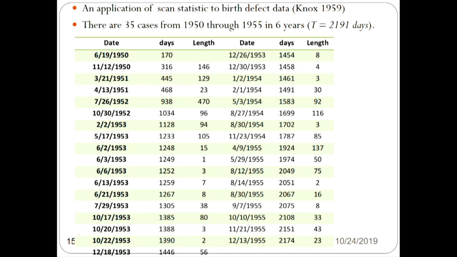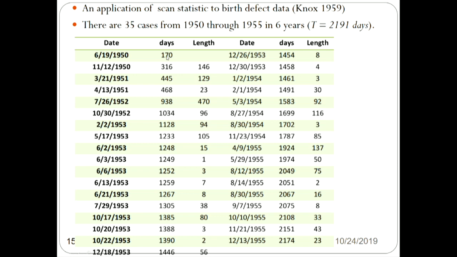These are real data, so they are the observed 35 cases, distributed in the time interval from 0 to 2,191 days. The first column is the days on which the event happened. The first case happened on June 19, 1951, which is 170 days from the beginning.